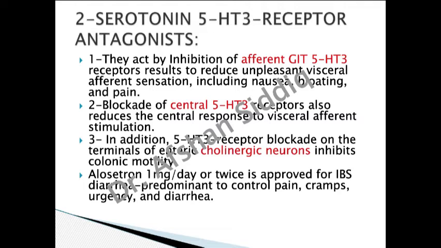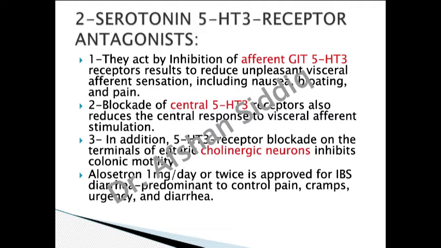The second agent which is used for the specific treatment of IBS is the serotonin 5-HT3 receptor antagonists. They act by inhibiting the afferent GIT 5-HT3 receptors, which results in reduced unpleasant visceral afferent sensation, including nausea, bloating, and pain.